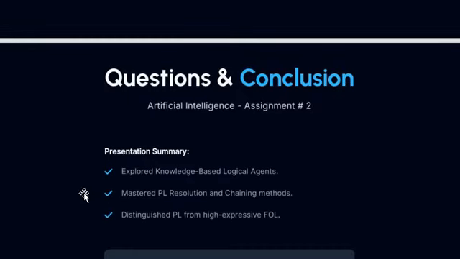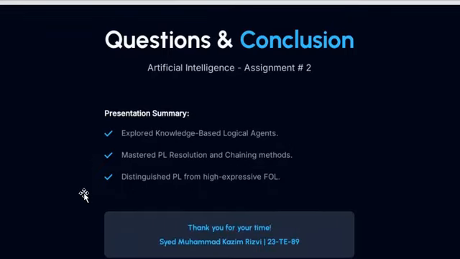So that's all from this presentation. In conclusion, logical agents use knowledge and reasoning to make intelligent decisions. Propositional logic provides a basic framework for representing knowledge. Resolution helps derive conclusions from logical statements.